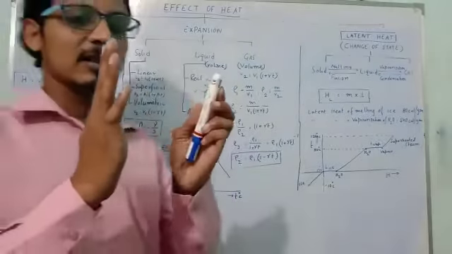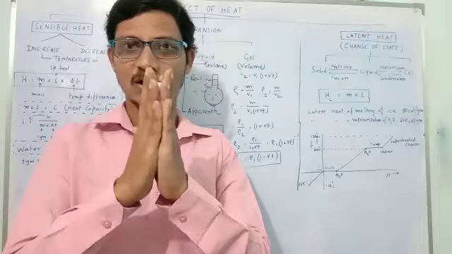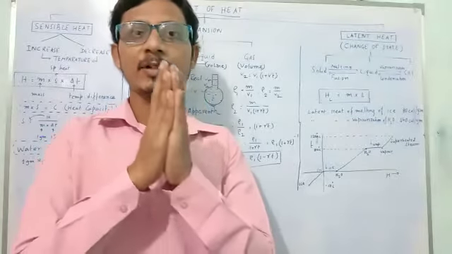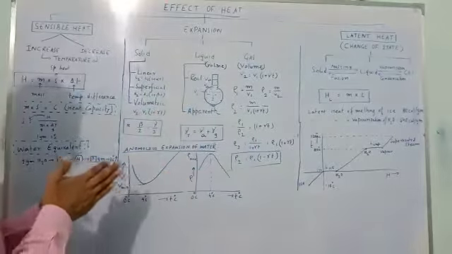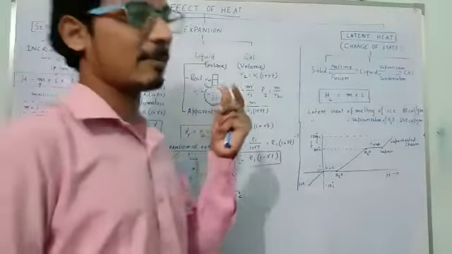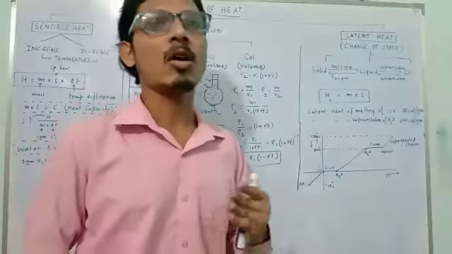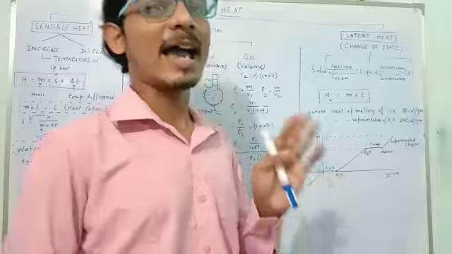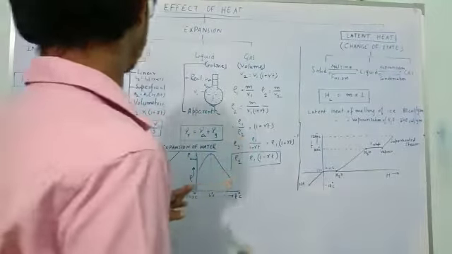When we keep two objects in contact, a hot object and a cold object, the hot object will reject heat and the cold object will accept heat. The amount of heat rejected by the hot object will always be equal to the heat accepted by the cold object.